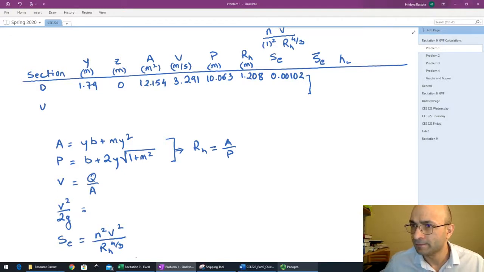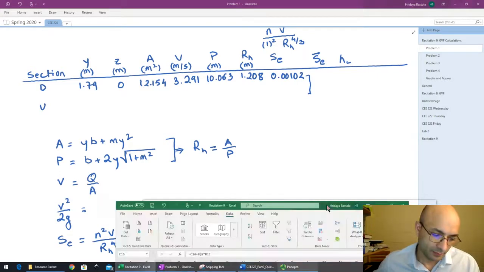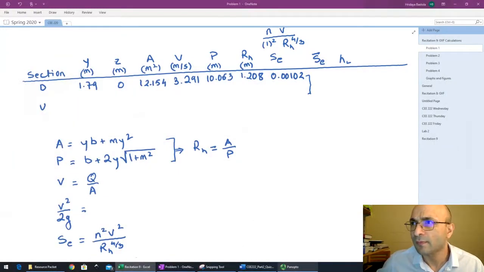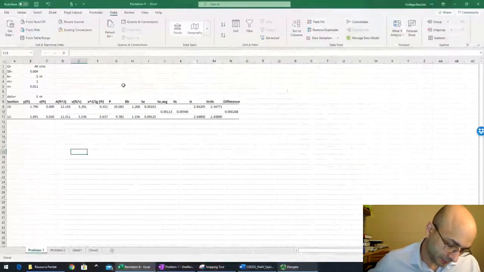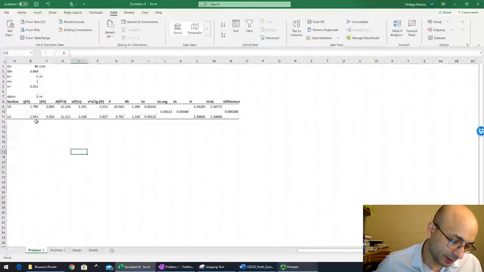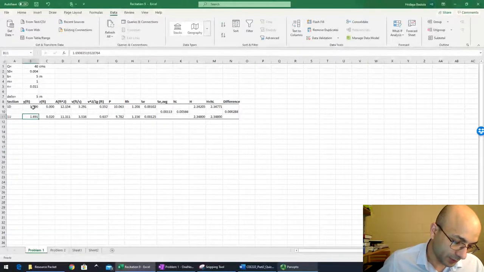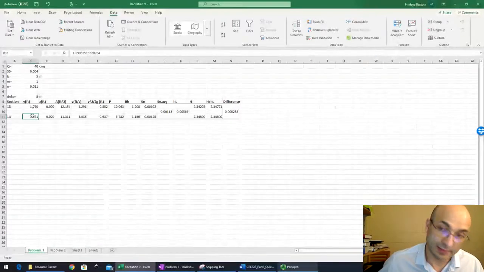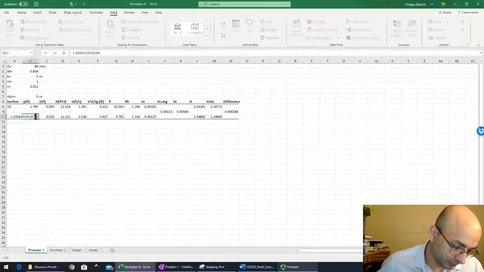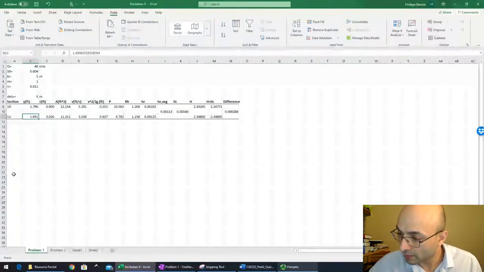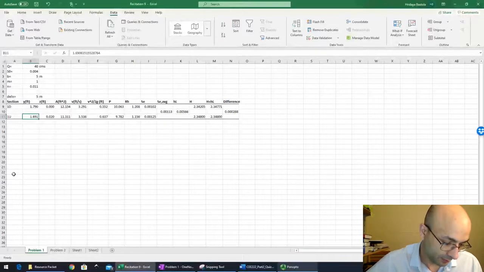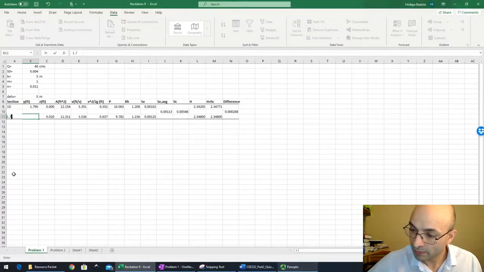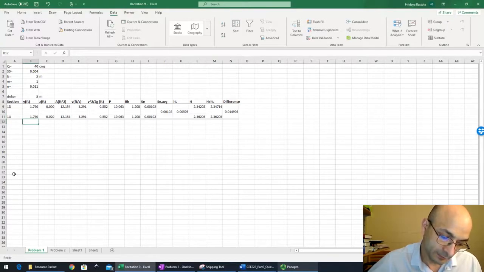I have an Excel file set up here. Okay, so this is the setup, and here we know the depth upstream is going to be less than the depth downstream, so we can start with the same value from downstream, let's say 1.79.